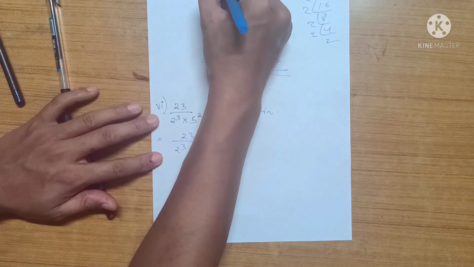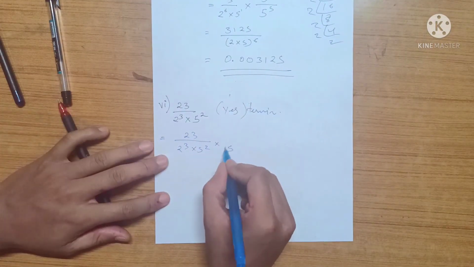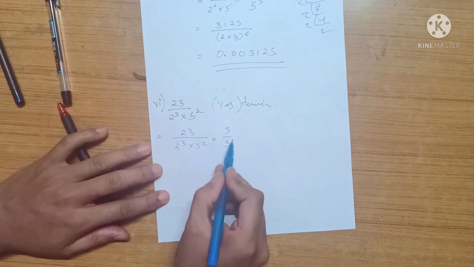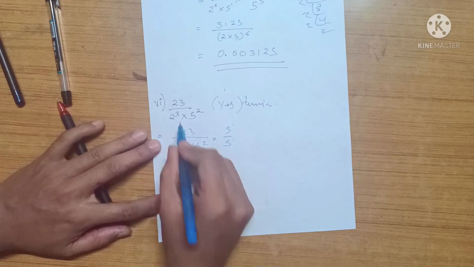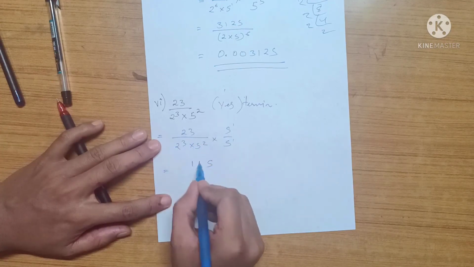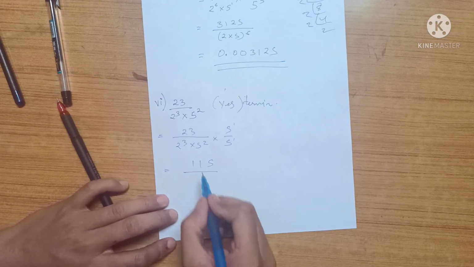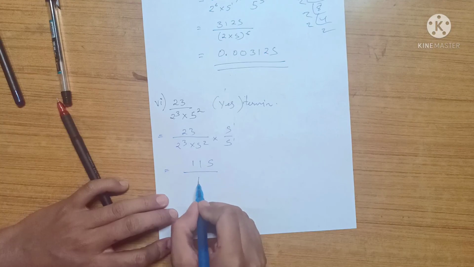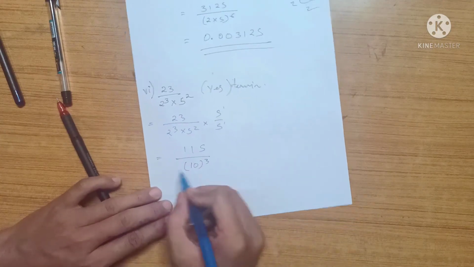Yes, it is terminating. We need one more 5, so that it becomes 3 and 3. So 25 3s are 75, 5 times 3 is 15, 150. So this will become 10 to the power 3, because 5 2s are 10 and then 3 common.